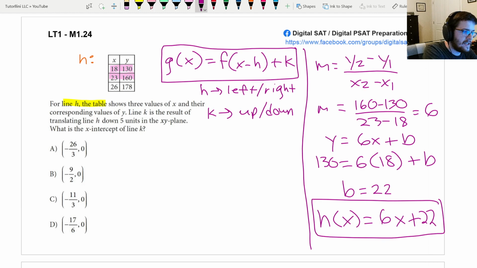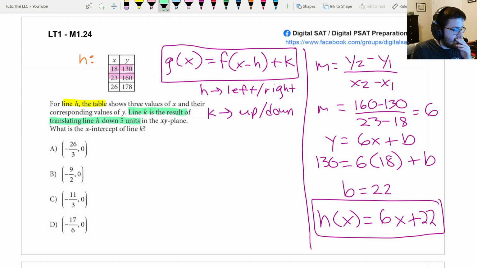So now it says line k is the result of translating line h down 5 units. I have a hopefully kind of helpful video. I talk about this in my other videos, and I also talk about this in the Desmos function translations video. I wrote a really short version on the top: g of x equals f of x minus h plus k. h is the amount you shift left or right.